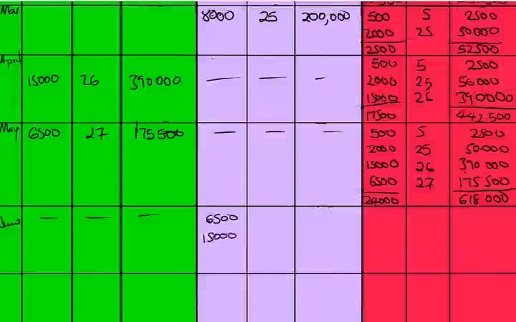And another 500. Together, when you add this, you should find 22,000. So this one will be costed at 27, this one at 26, and this one at 25. So this one should be 175,500, and this one should be 390,000.